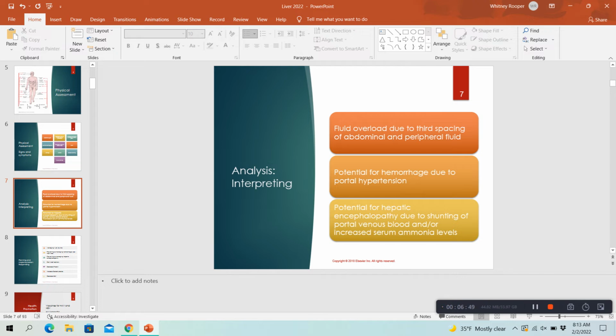As a nurse, these are some things we need to do. We need to manage their fluid volume. We need to prevent or manage a hemorrhage. We need to prevent or manage hepatic encephalopathy. We need to look at some diet modifications with these people. We need to decrease protein. Why?